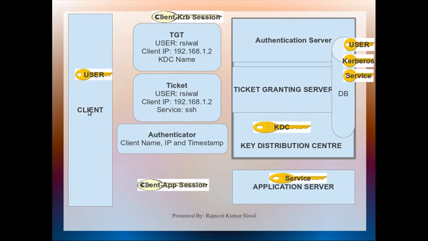So the client is again going to create an authenticator, and the authenticator will again be the client, its IP address and timestamp, but right now it will be encrypted with the session key of the client and application server. So it will create an authenticator, and it already has the ticket which is encrypted.